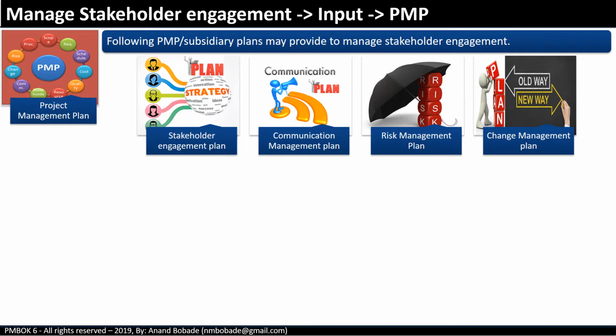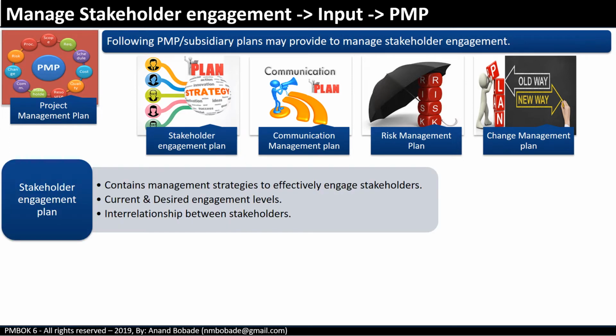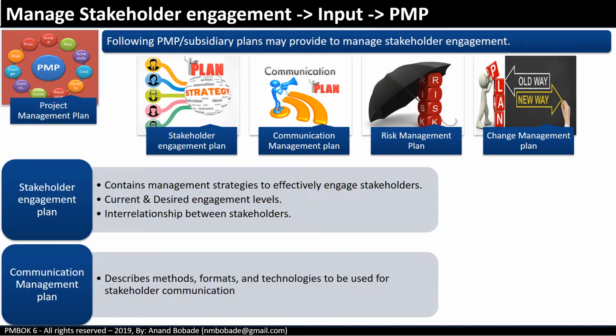The stakeholder engagement subsidiary plan is a key input as the project manager will follow this plan to ensure stakeholder engagement throughout the project lifecycle. So the stakeholder engagement plan contains management strategies to effectively engage stakeholders, current and desired engagement levels, and interrelationships between various stakeholders.